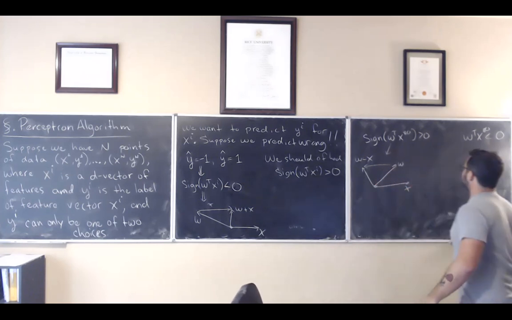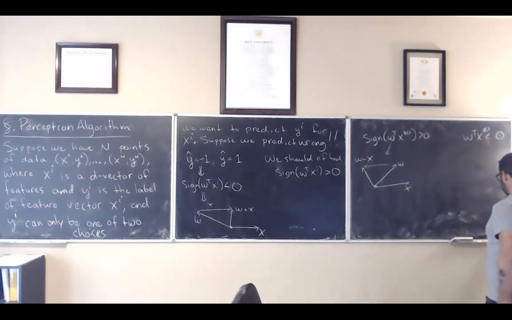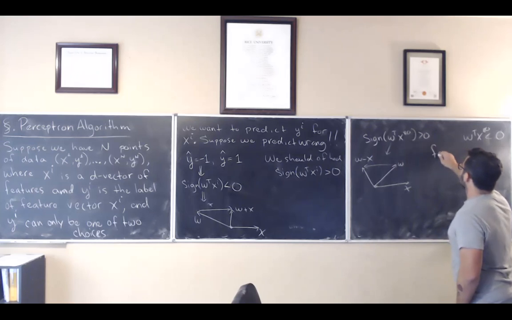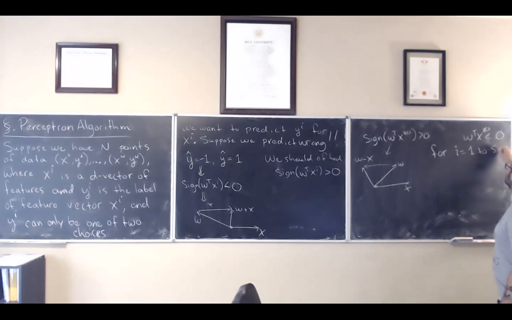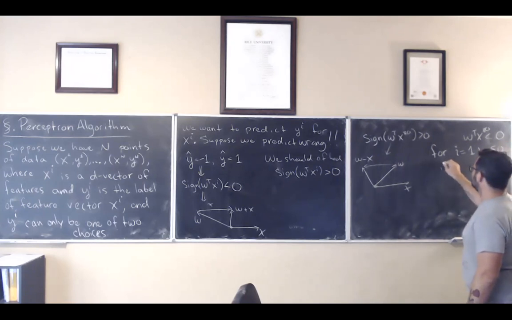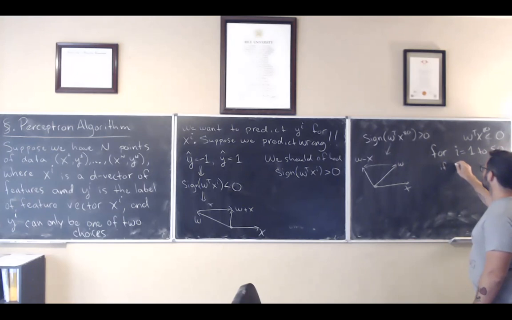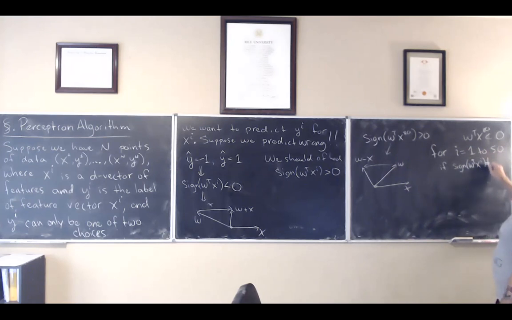So basically, can you create a loop for it? Exactly. For i equal 1 to 50, if the sign of w times xi does not equal yi, then we update our w's. And how can we do that?